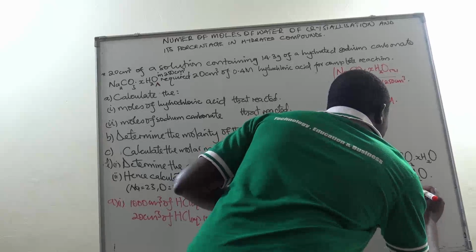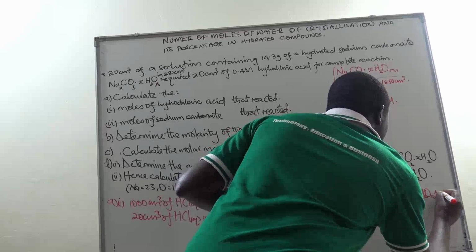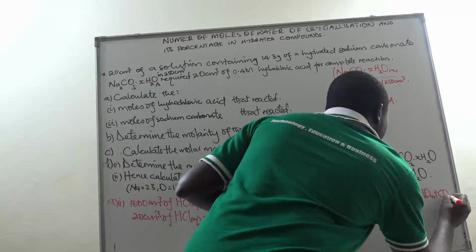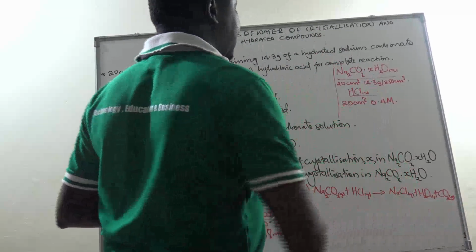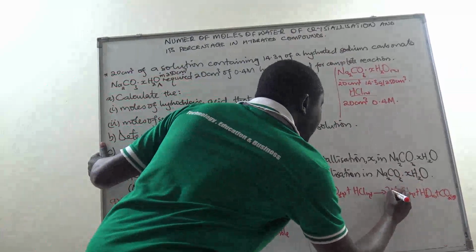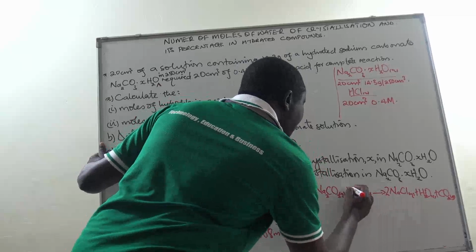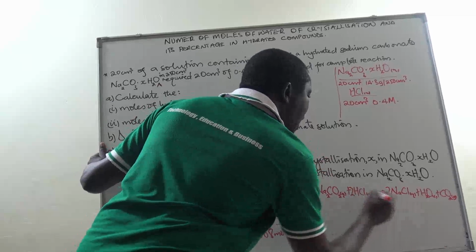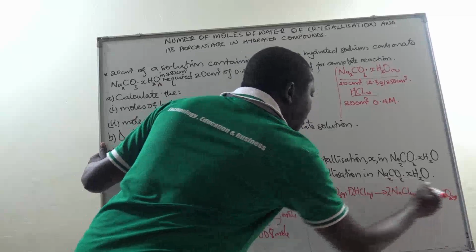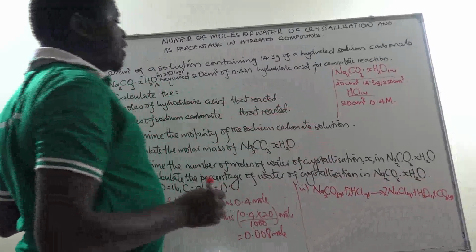We shall also get water, and we shall get carbon dioxide gas. So let's balance the equation first. 2 sodium atoms here we have, 1 on the other side, so we multiply sodium chloride by 2. 2 chlorine atoms on the product side, only 1 on the reactant side, so multiply hydrochloric acid by 2. 2 hydrogen atoms they are here. 1 carbon atom it is there. And 3 oxygen atoms here they are. So our equation is now balanced.